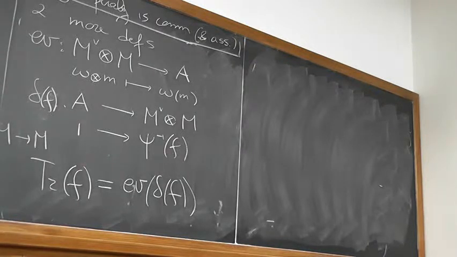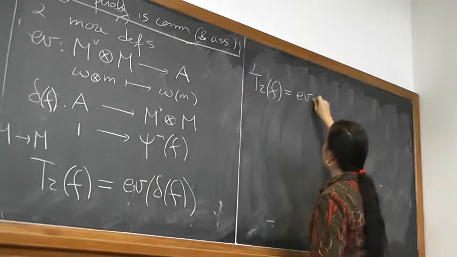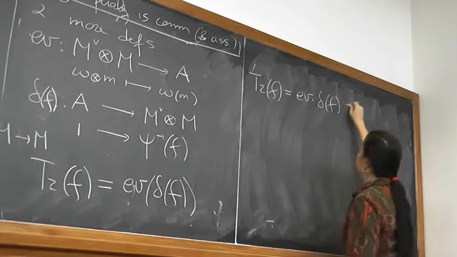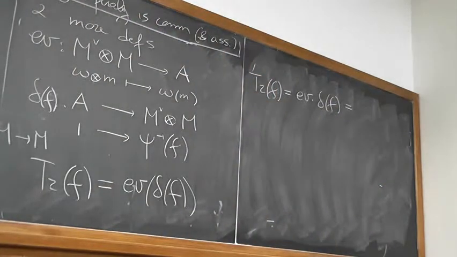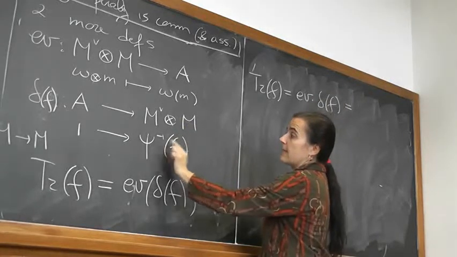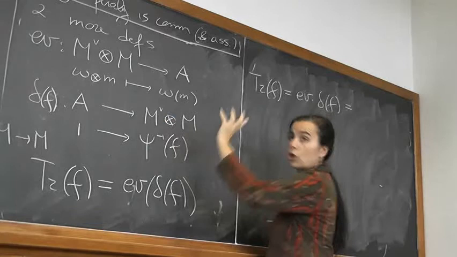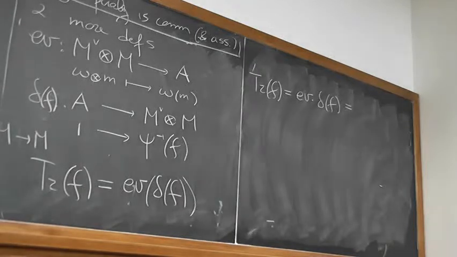This is the difficult thing. So this is the F that goes from here to here. So the trace of F is the evaluation of delta of F. Now what is delta of F? Delta is psi minus 1 of F, so it's the tensor corresponding to this F. So I have this F here. What is the tensor corresponding? It is this one.